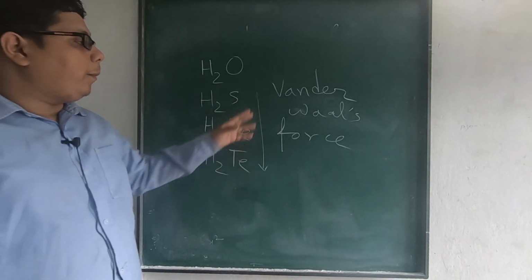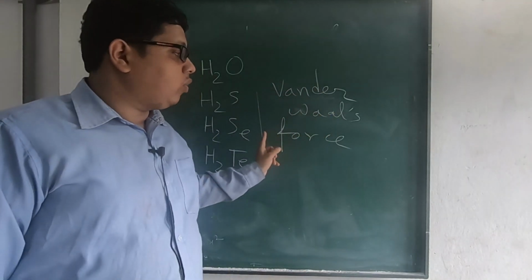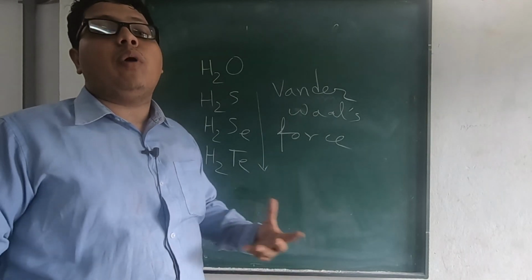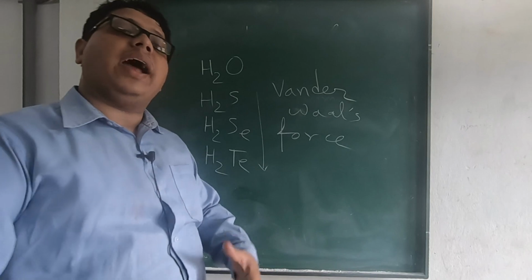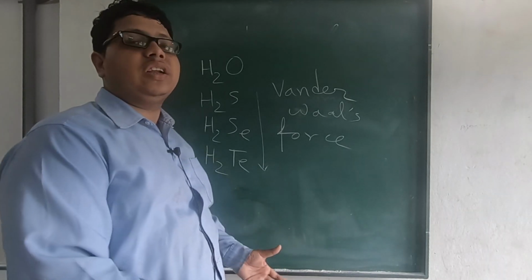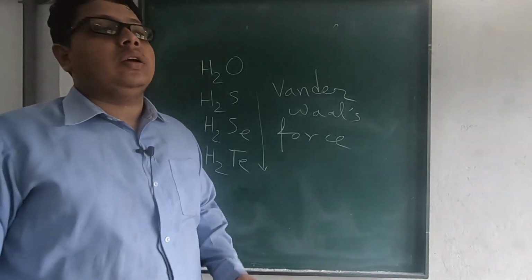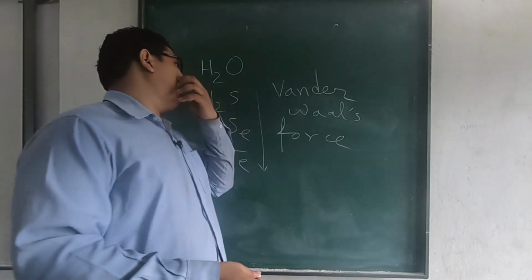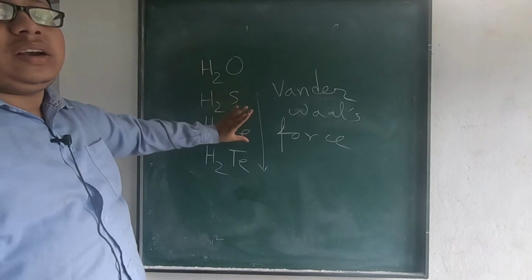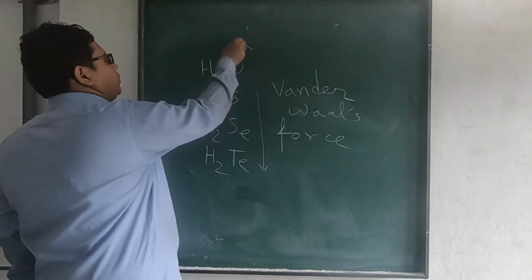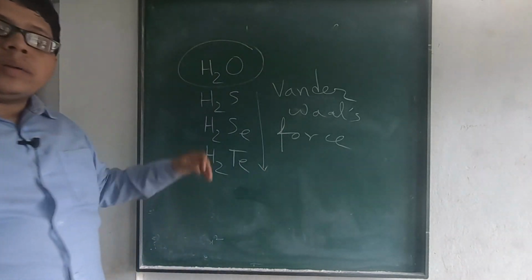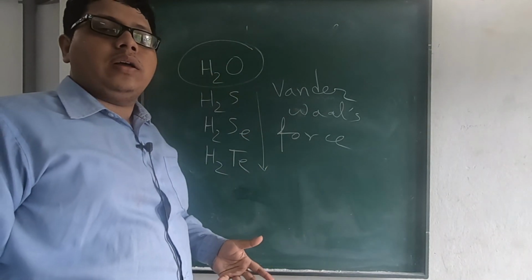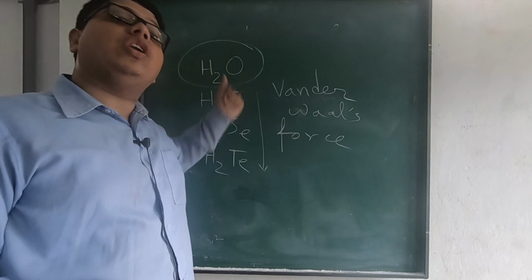That means they will not become vapor easily. Why not? Because of the van der Waals force of attraction, which increases with the increase in the size of the molecule. So size will increase, the force of attraction will increase. That means they will not easily vaporize or easily melt. However, this trend is broken by water. Water, being the smallest of all these molecules, should have had even more volatility.